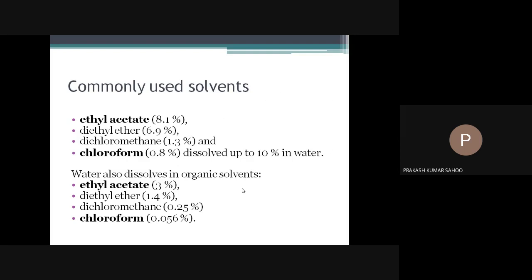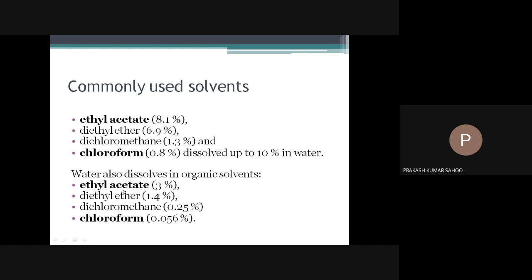So, commonly used solvents, just see: ethyl acetate 8.1%, diethyl ether 6.9%, dichloromethane 1.3%, chloroform. The formula of chloroform is CHCl3. It is 0.8% dissolved in water. That means with respect to water, these all have lesser density.